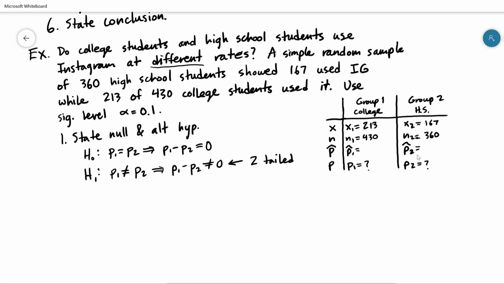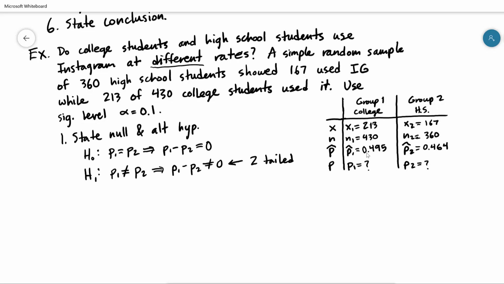And these two numbers I get by taking the proportion x over n. So I need to compute those numbers real quickly here. When I do 213 out of 430, I get about 0.495 if I round it to 3 decimals. And when I do the high school students, 167 divided by 360, I get about 0.464.